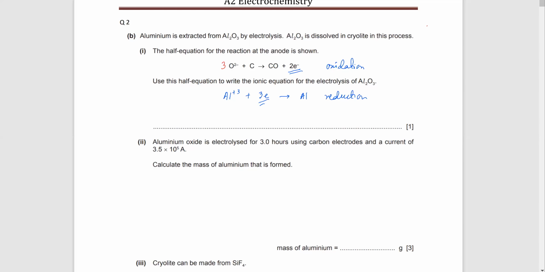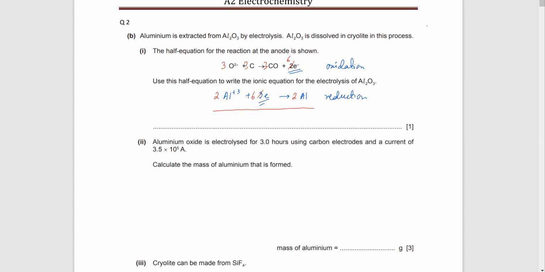So the first one would be multiplied by 3. And if I multiply by 3, this would become 6 electrons. The second one would be multiplied by 2. So this would become 6 electrons. And you add up the reactants and the products.